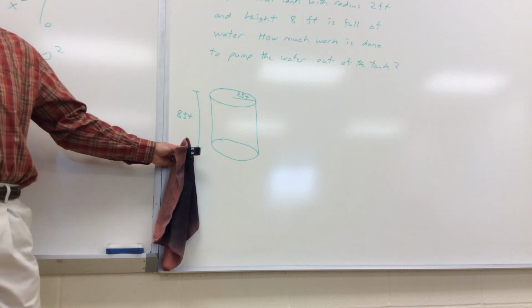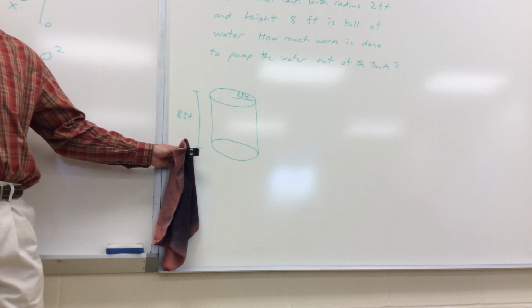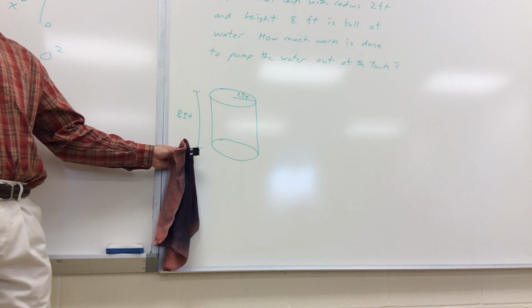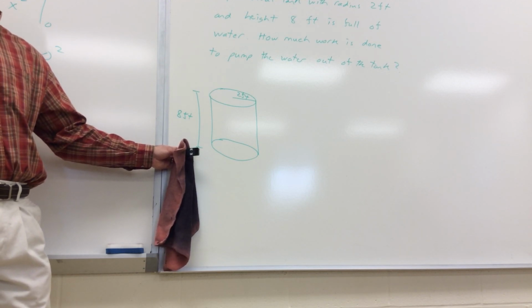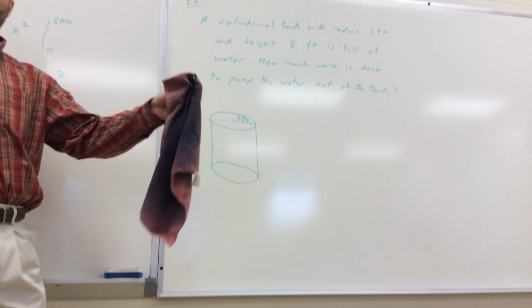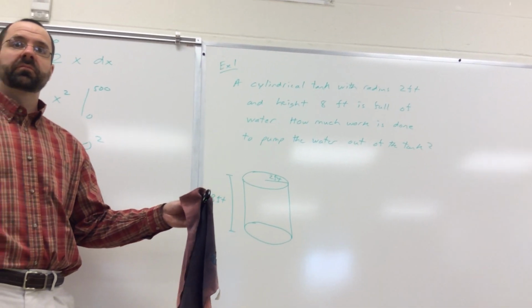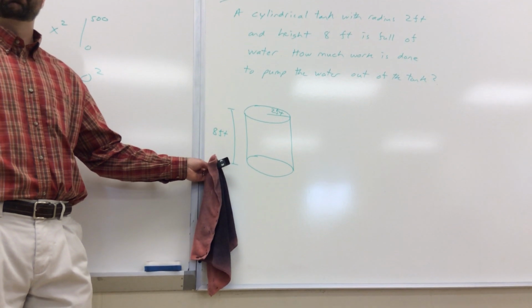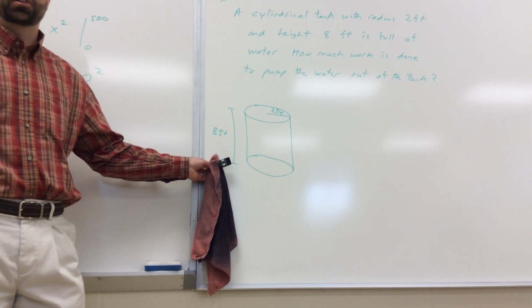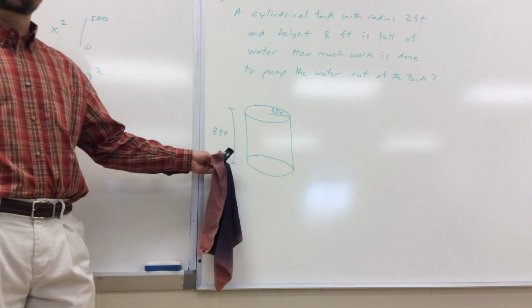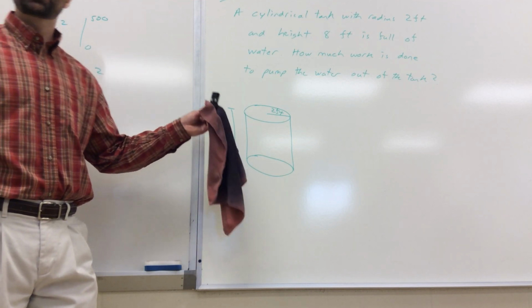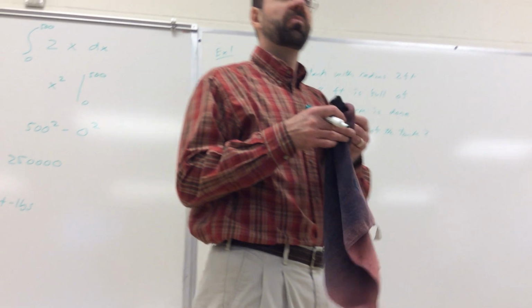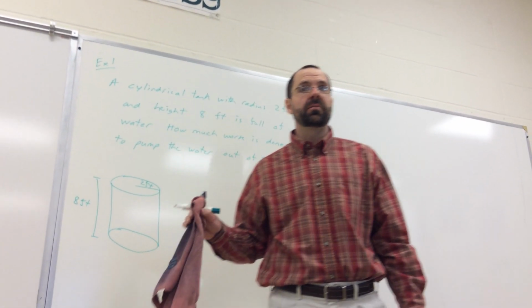I guess now that I think about it, there isn't really anything in the problem that specifies that the cylinder has the circles on the top and the bottom. There could be a cylinder tank that has circles in the front and back. So I'll just add that this cylinder has the circles on the top and the bottom. Okay, so there that is. That's full of water. Okay, now here's a bad way to pump water out of a tank.